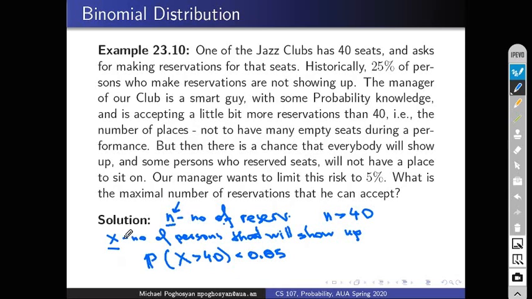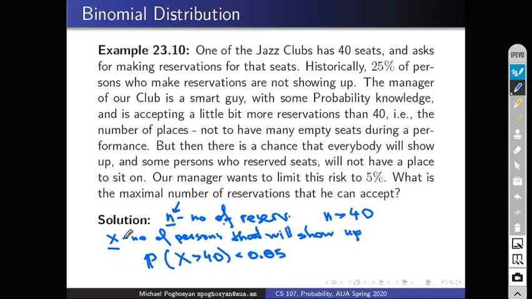In reality, this is not the case, because people come in pairs, in groups, and if one is not showing up, maybe the others are not showing up either. But in this case, we will assume for simplicity that the facts that persons will show up or not are independent.